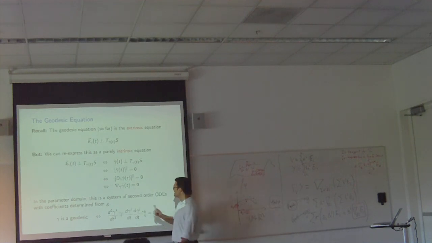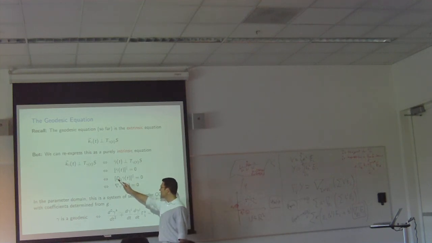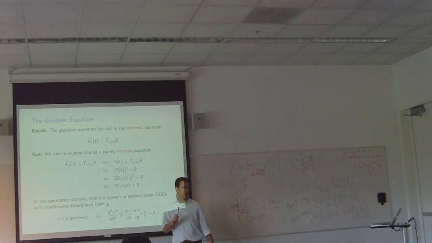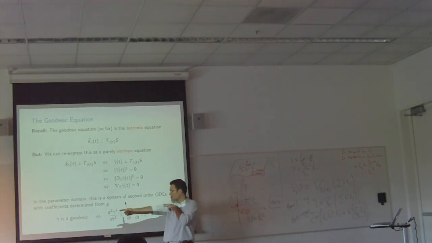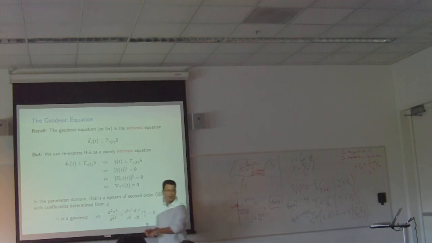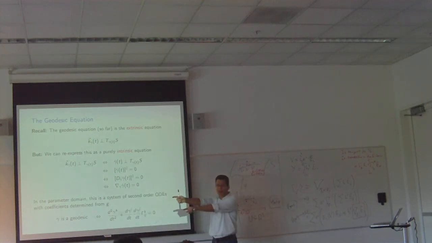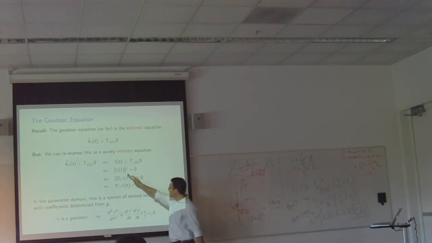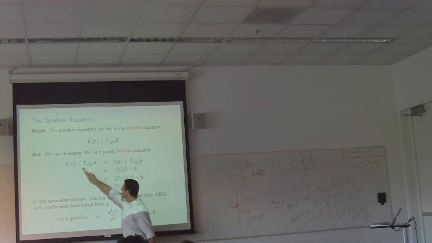Well, gamma double dot is the Euclidean derivative of gamma single dot in the direction specified by gamma single dot. Like it's the second derivative, right? So you have to take gamma dot and differentiate it in the direction of itself, in the direction of gamma dot. Right? So I've got curvature.